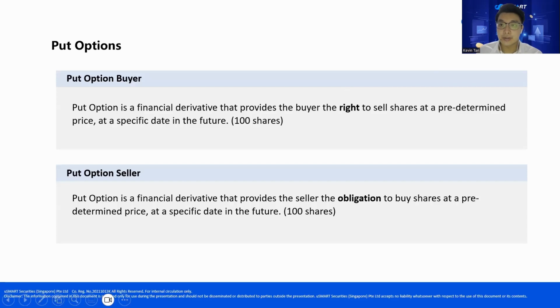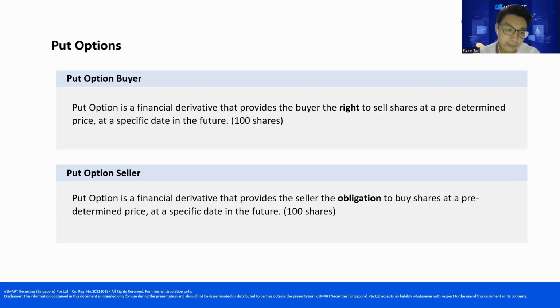A put option is a financial derivative which provides the buyer the right to sell shares at a predetermined price at a specific date in the future. Typically a put option contract is for about 100 shares.